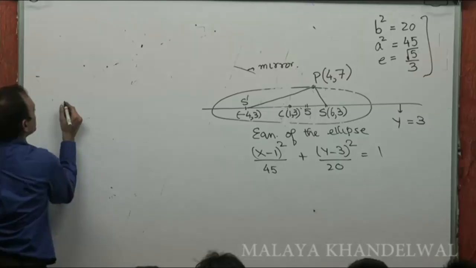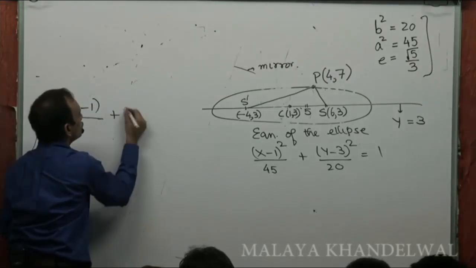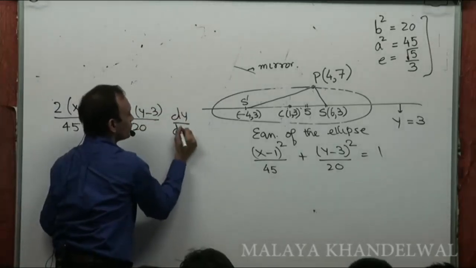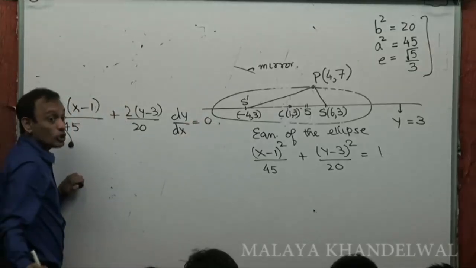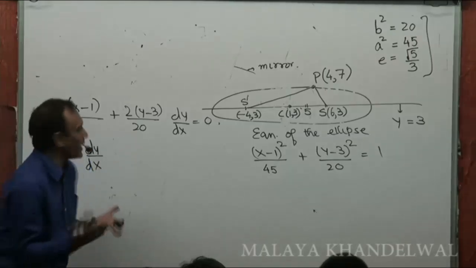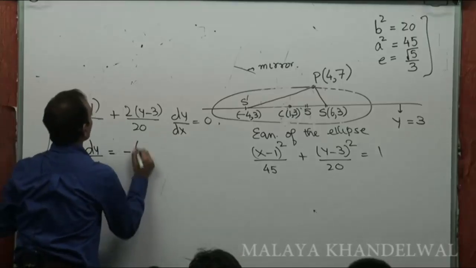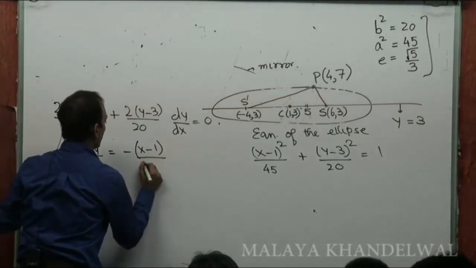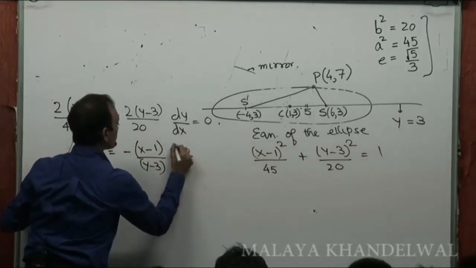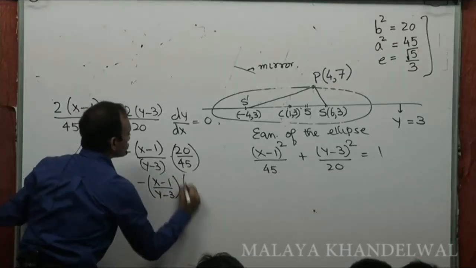When I differentiate this, I get 2 into (x minus 1) by 45 plus 2 into (y minus 3) by 20 into dy/dx equal to 0. This will give me the slope of the tangent. Yes or no? So the slope of the tangent at any (x, y) for this general ellipse is going to be minus (x minus 1) by (y minus 3) into 20 by 45, which is minus (x minus 1) by (y minus 3) into 4 by 9.